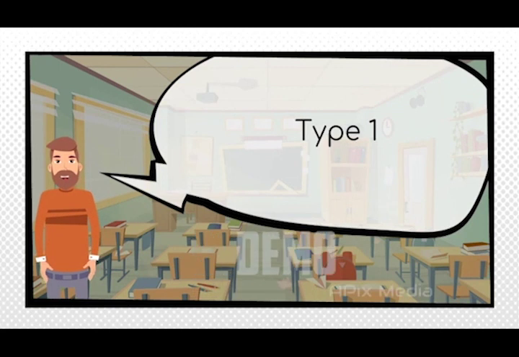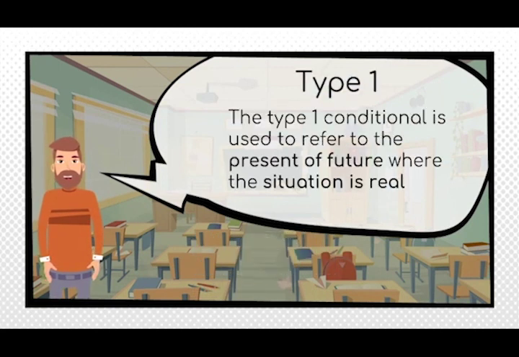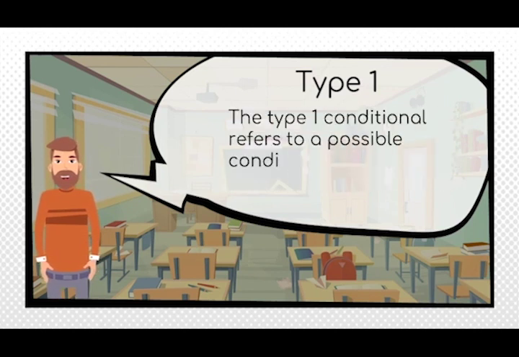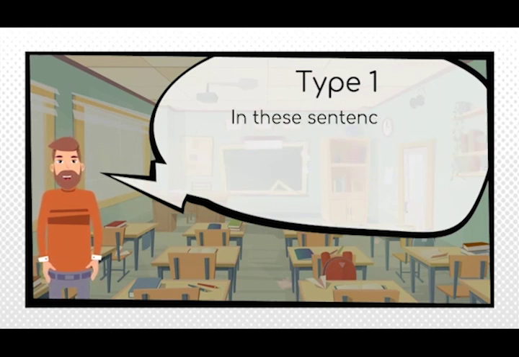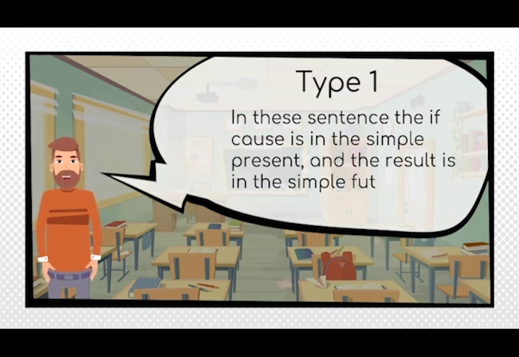Type 1. The type 1 conditional is used to refer to the present or future where the situation is real. The type 1 conditional refers to a possible condition and its probable result. In the sentence, the if clause is in the simple present and the result is in the simple future.